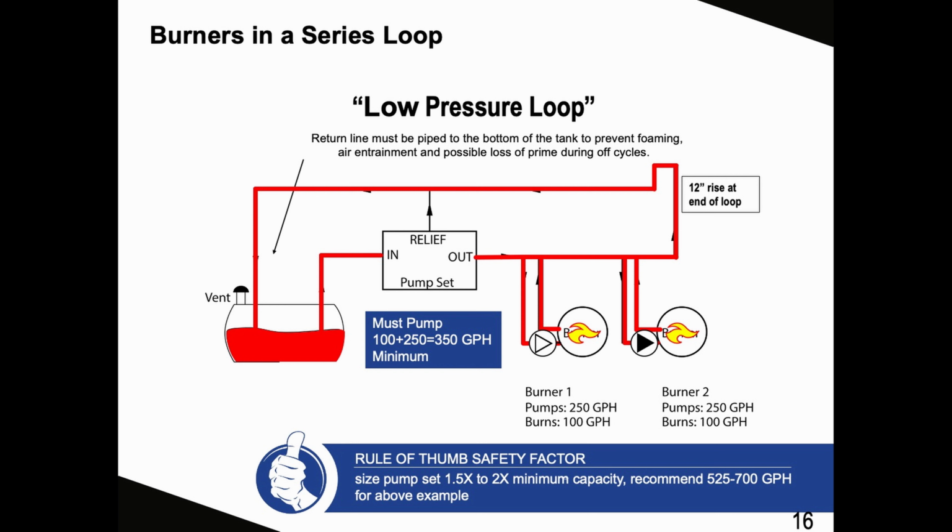Another good thing about the inverted U, besides getting the air out, is that it also keeps a back pressure on the boiler loop so that each burner will be getting the oil that it needs. According to NFPA, you need to make sure that pressure in the loop never gets above 3 psi. It's the lowest cost option compared to a back pressure regulating valve, and it won't break.